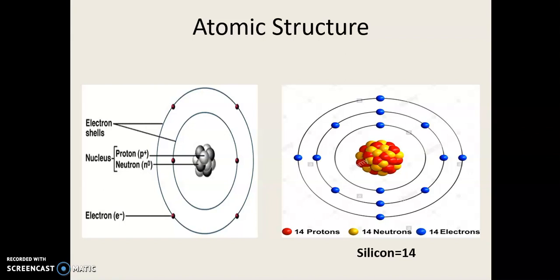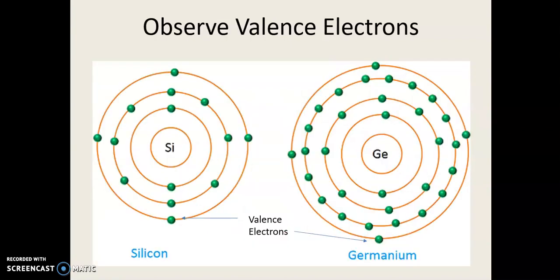Moving forward, silicon consists of four valence electrons. On your screen you can see the outermost orbit consists of four electrons, and electrons in the outermost shell are called valence electrons. Whatever number of electrons is in the outermost shell, they are treated as valence electrons. Similarly, let's take an example of germanium also.